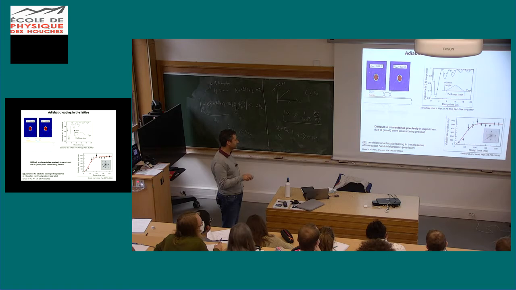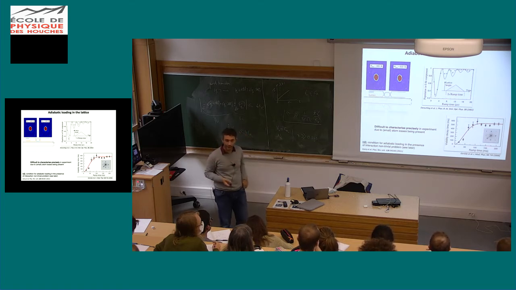This is rubidium, this was sodium, but it does not change that much. But here you have interactions, and it's a three-dimensional system, while here it's a 1D lattice with a diluted gas. Well, time scale of this order, and it looks like there is some kind of plateau if you use a ramp which is long enough. So this is the best you can do somehow.